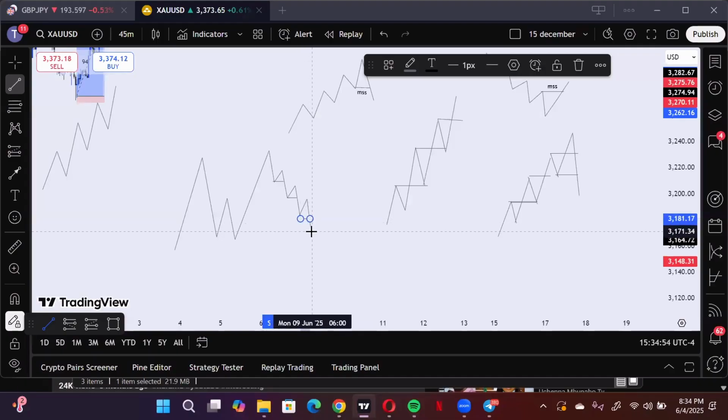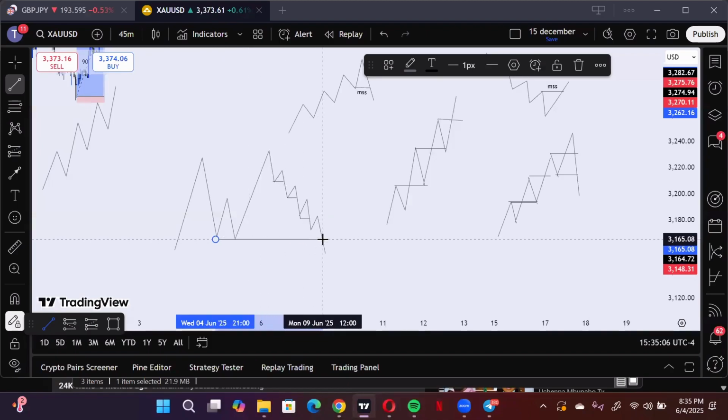But once market now goes and makes, let's say for example, another lower high, it now takes out this low, while also taking out this previously existing support that was here. Then that is what you call a double break of structure. Because not only did it take out this low here, it also took out this previously existing support level here. So when market takes out two consecutive zones, that is what you call a double break of structure.